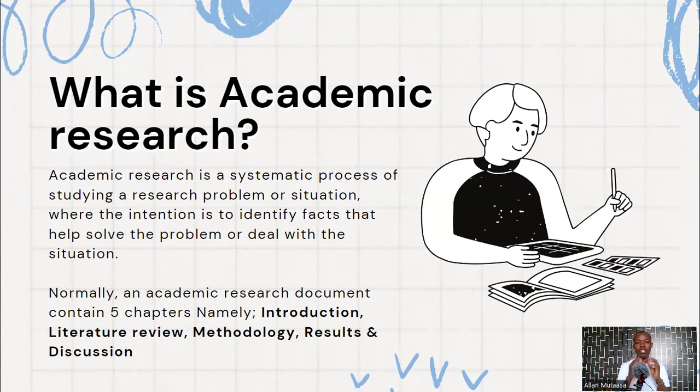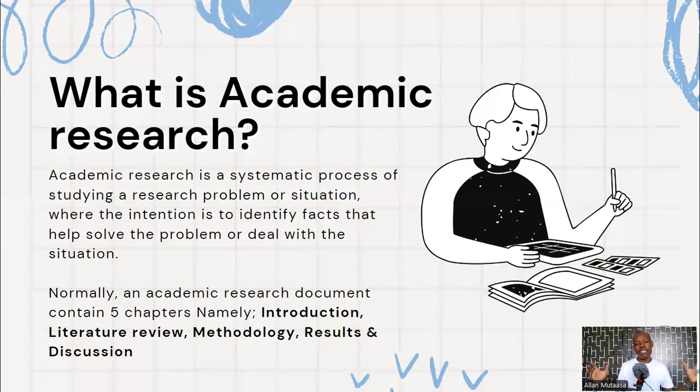So this is when you as a student are tasked to find out new information that we did not know about something, but you do it in an academic field. So academic research is a systematic process of studying a research problem or situation where the intention is to identify facts that help to solve the problem or deal with the situation.